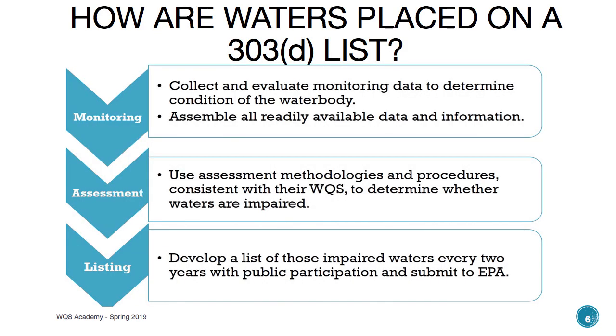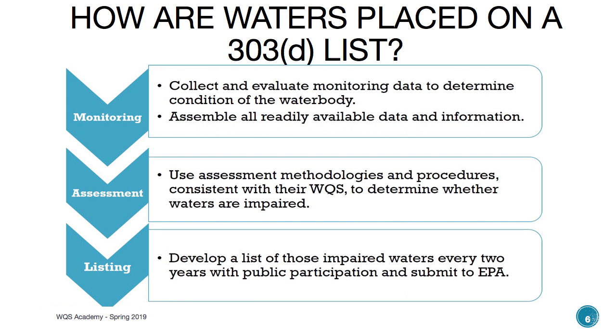So this is how are waters placed on the 303D list. This is a big topic, but it's a big part of what we do, at least in regional office. We oversee the states and the territories as they develop their 303D lists. And the operative question is whether something is attaining a water quality standard or not.